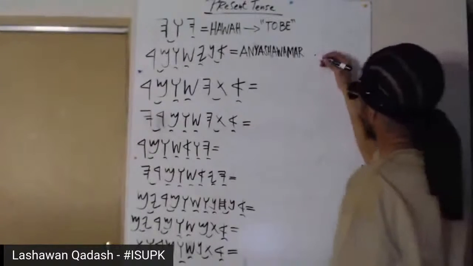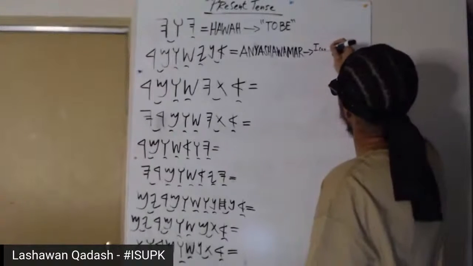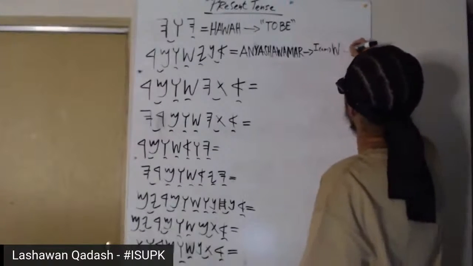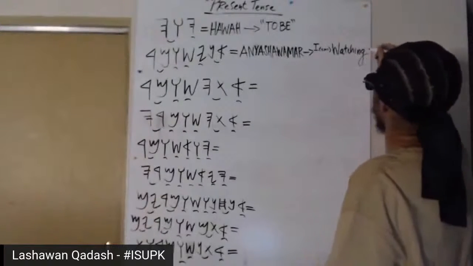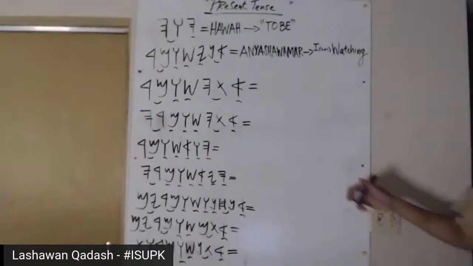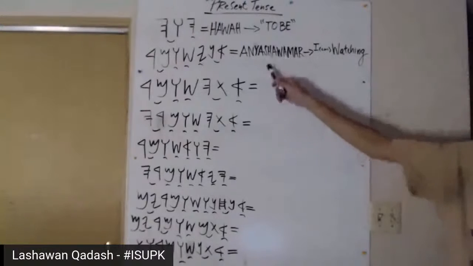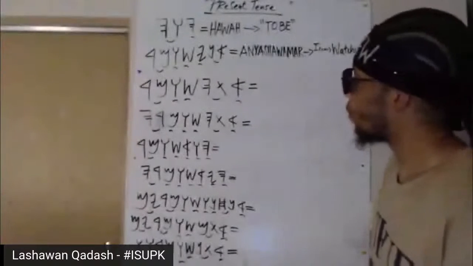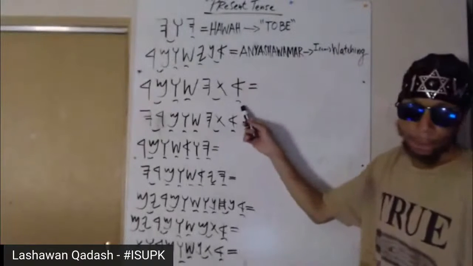That means I see everything. Otherwise, the root word is sh and then mar, without the prefix. Shamar, which simply means in Hebrew, watch.